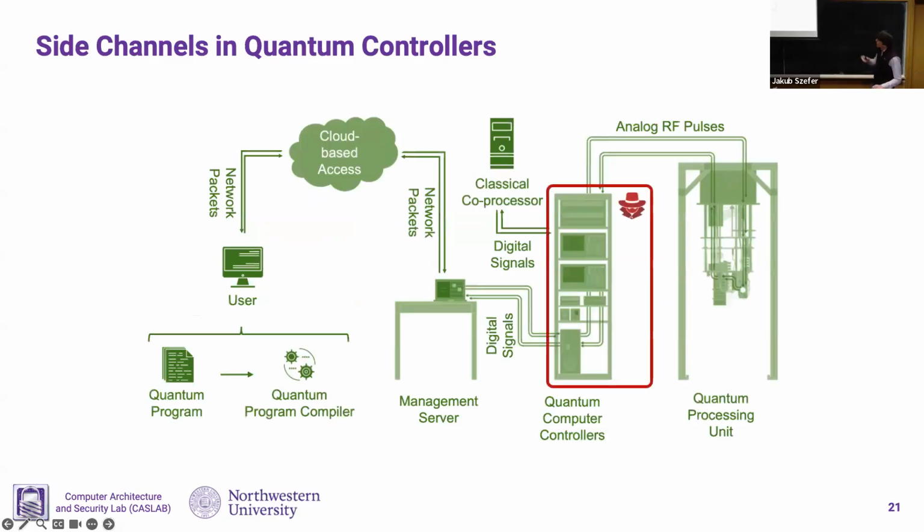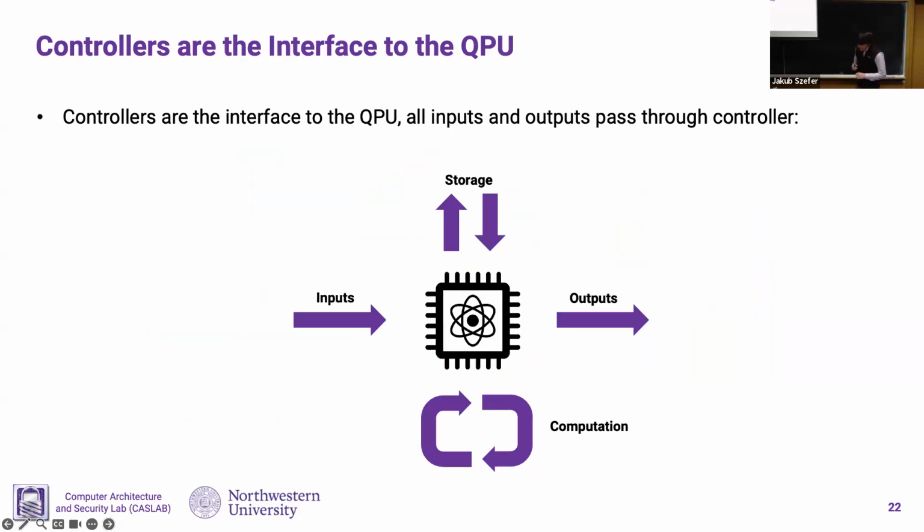So, issues with the controller within our picture, and this will be mostly on side channel attacks, where you might have some physical access, and you're targeting the controller, which is the classical part of the machine. Before that, just one slide on how the controller is the interface to the quantum computer.